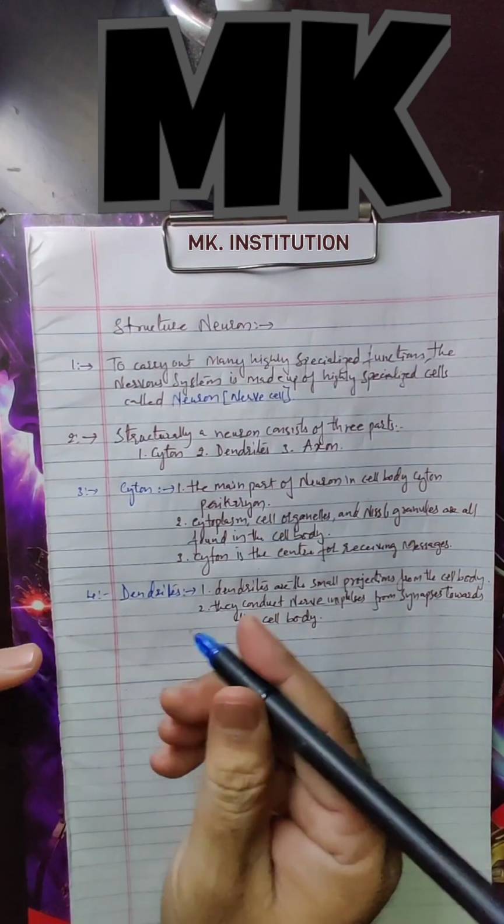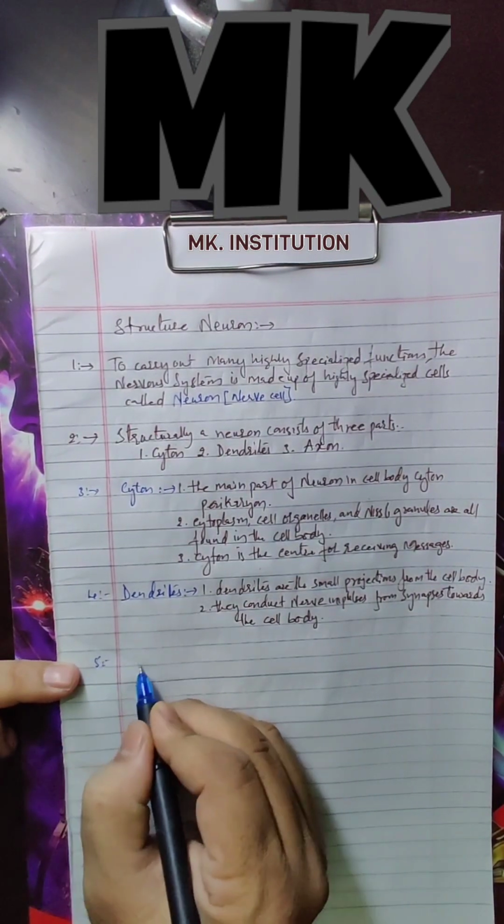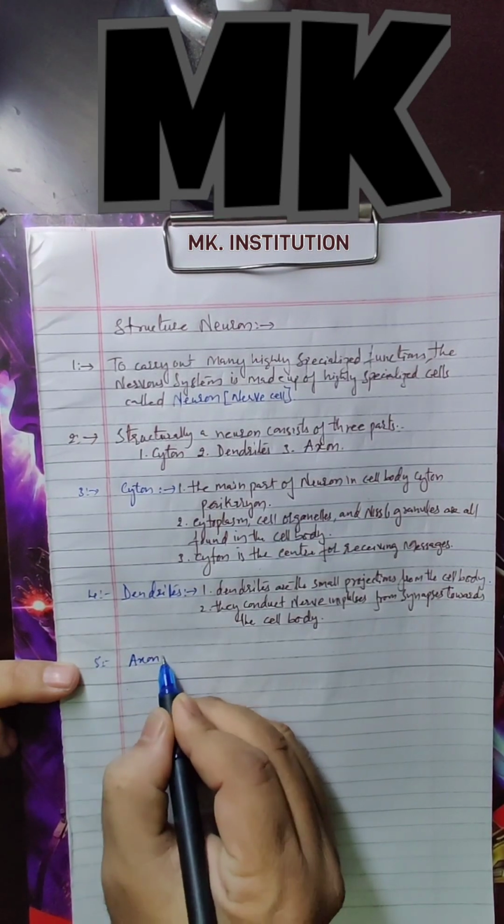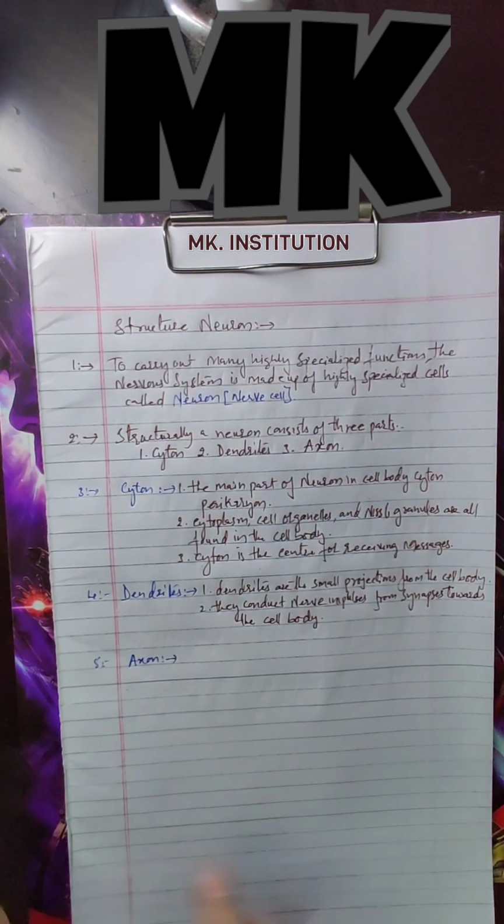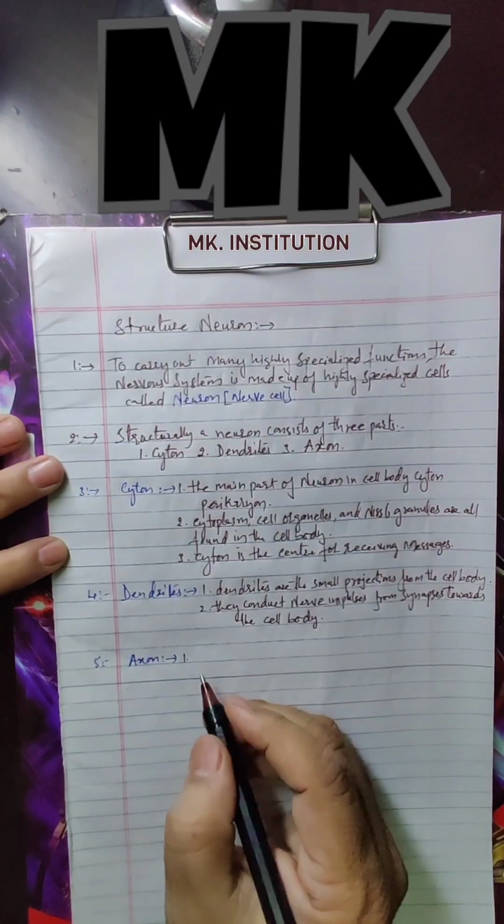Now the most important part is axon. Now what is the first point in axon?